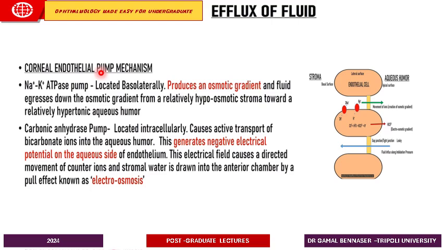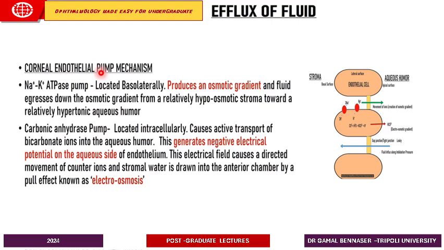It is present within the endothelial cells themselves, and the same thing, this is an active transport that actively transports the bicarbonates into the aqueous humor. And in this way, it creates negative electrical charges within the aqueous humor.